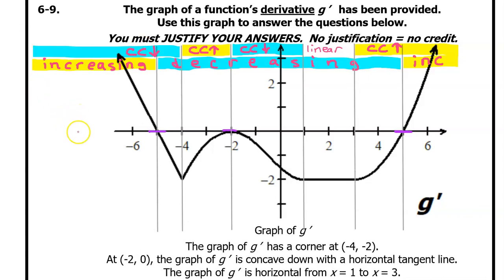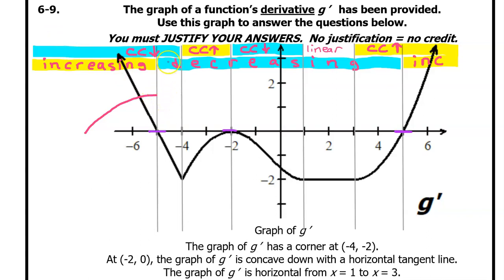So I can start my graph of function g at any height that I want, but in this first interval, g should be increasing and concave down. Also, this little purple line reminds me that g should end at a horizontal tangent line. So here I go, increasing and concave down, and ending at a horizontal tangent line.